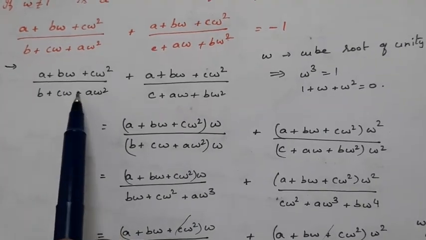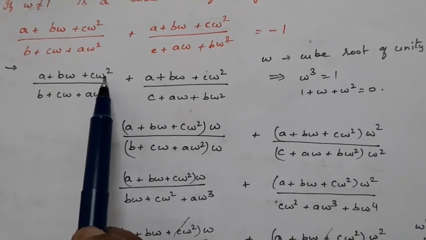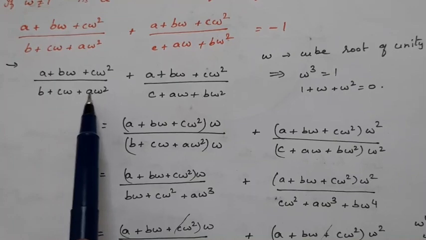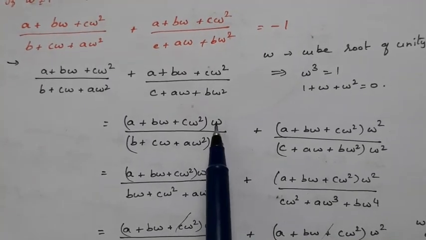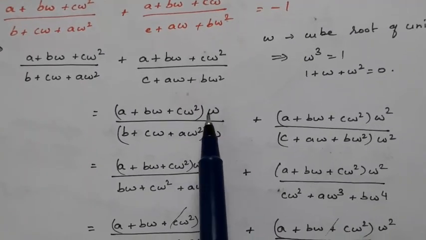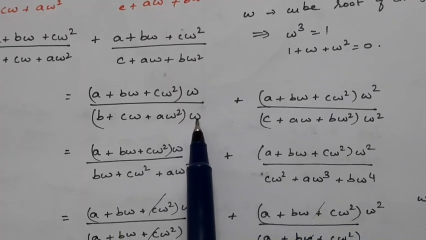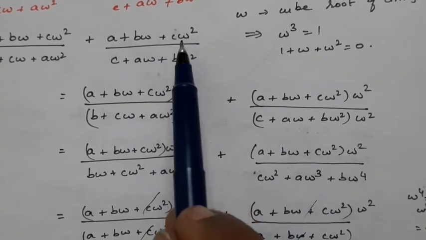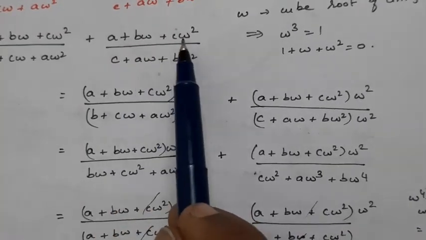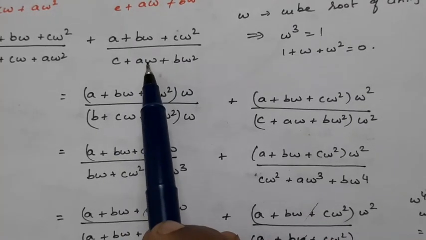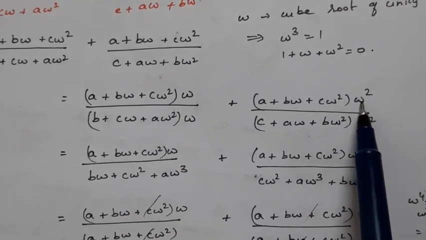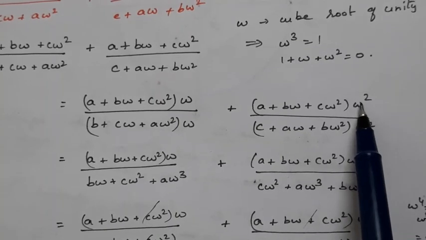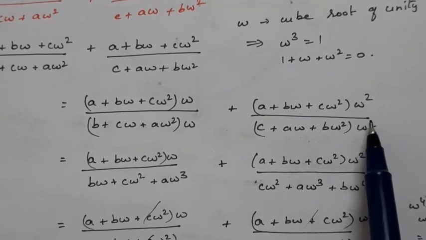Now take the given expression, a plus b omega plus c omega squared by b plus c omega plus a omega squared, and multiply the numerator and denominator by omega. The second part of the expression, a plus b omega plus c omega squared by c plus a omega plus b omega squared, multiply the numerator and denominator by omega squared.